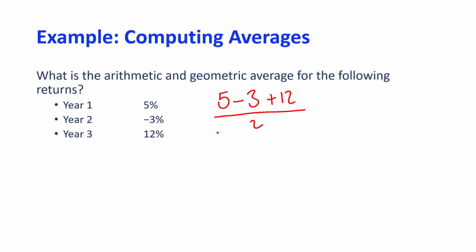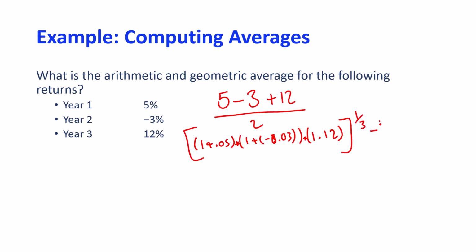For geometric average, you need to do 1 plus each, negative 3%, multiplied by 1.112. All of this should be raised to the power of 1/3 minus 1.